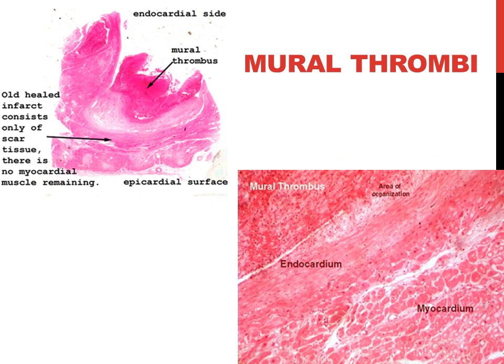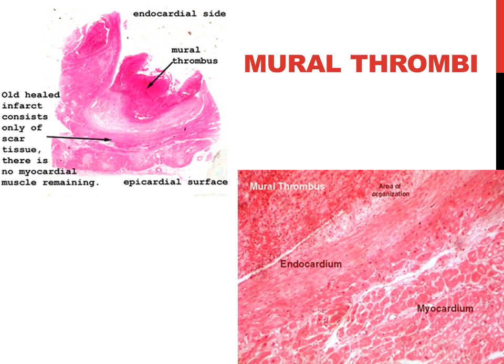Mural thrombi or mural thrombus is another important term that needs to be elaborated. Mural thrombus basically arises in the heart chambers or in the lumen of the aorta, the major blood vessel supplying the blood to the whole of the body. Why do mural thrombi arise?